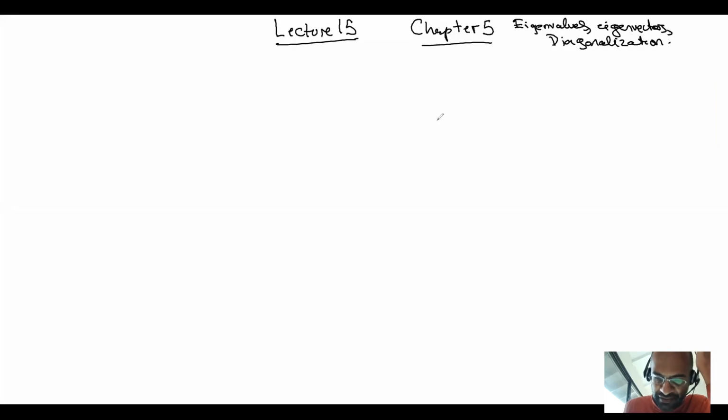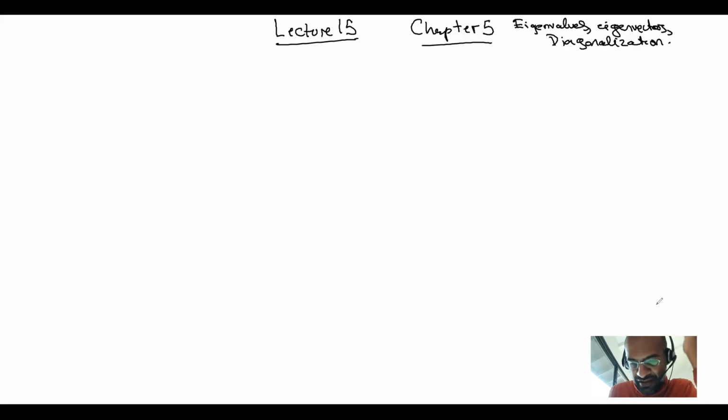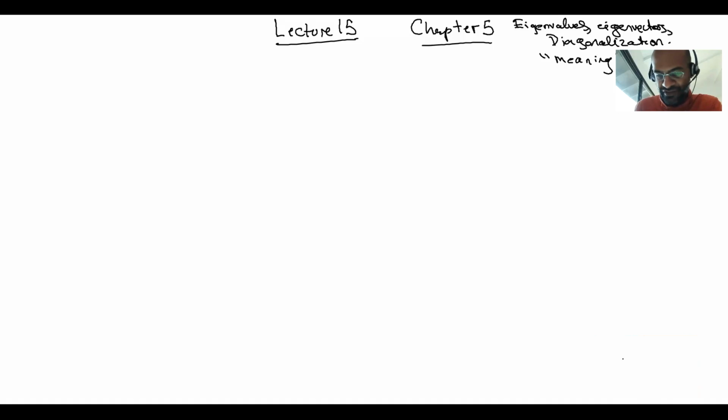And for me, if you show me a matrix, the first question I will ask is, what are the eigenvalues? So for me, this is what really captures the meaning of a matrix. I'm probably biased by what I work on, but if you're a physicist, this is also the first thing you'll ask.